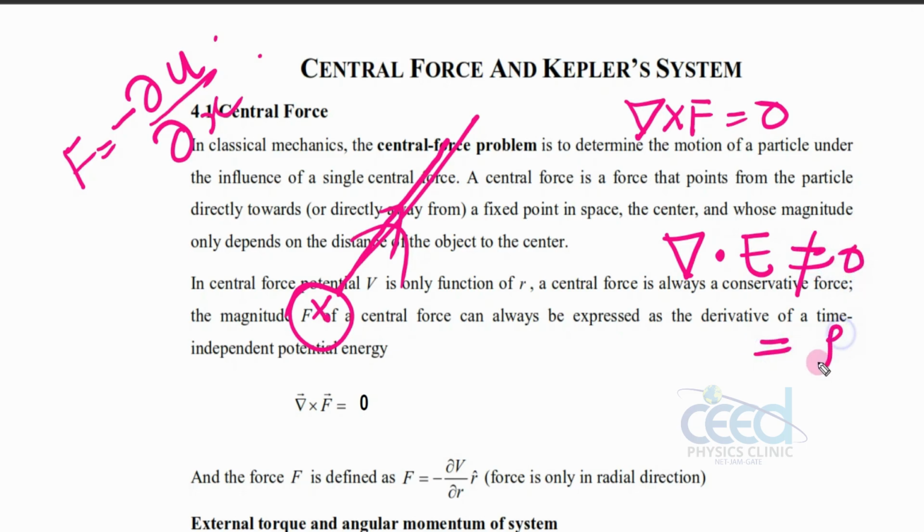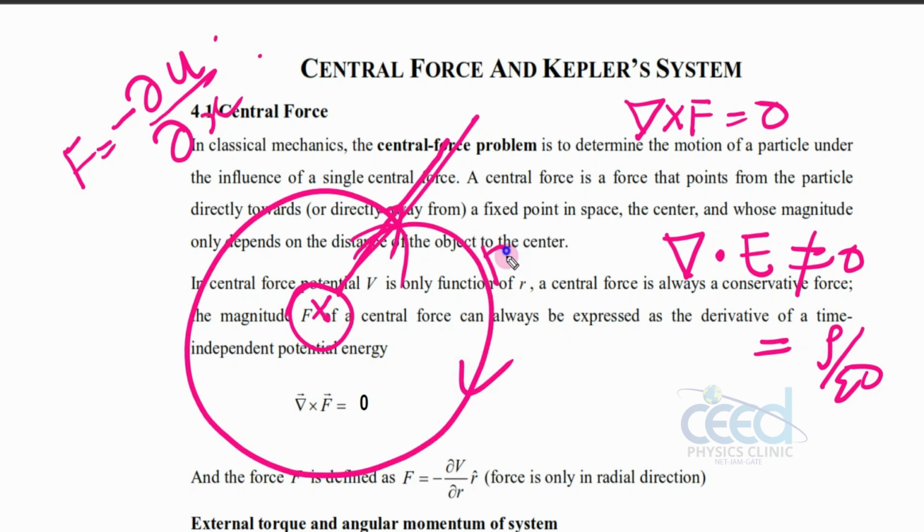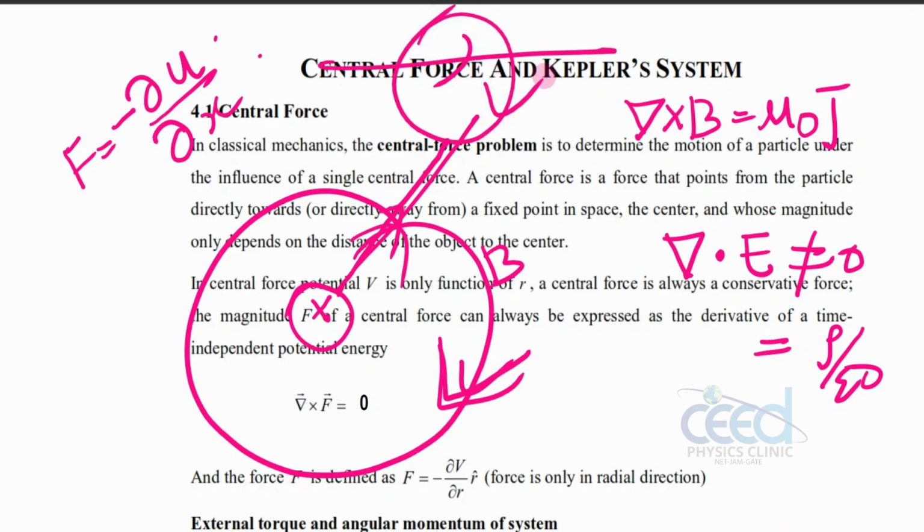You studied rho by epsilon 0 in electrodynamics, that is another case. But something that is revolving around, for example the magnetic field, del cross B is not equal to 0, it is mu 0 J. Why? The magnetic field is rotating around a circular current carrying loop, right? So del cross B is not equal to 0.